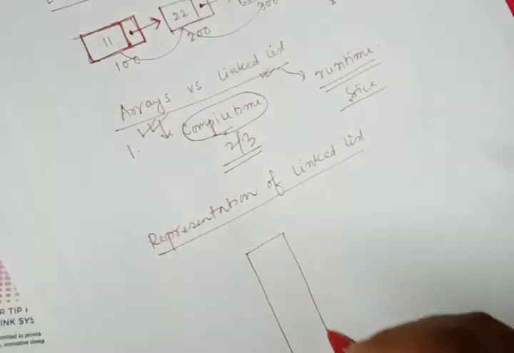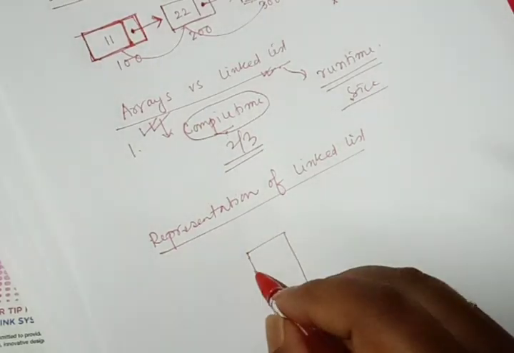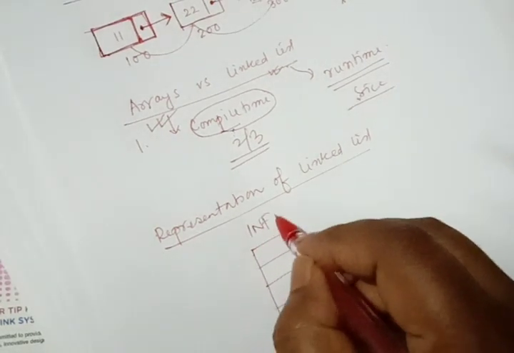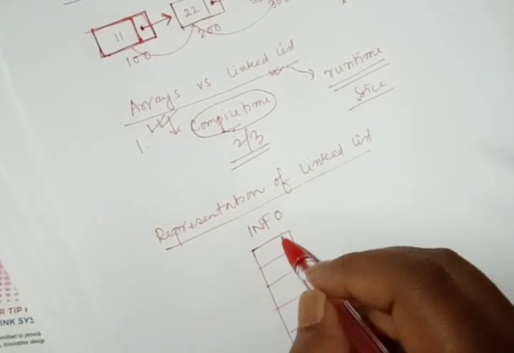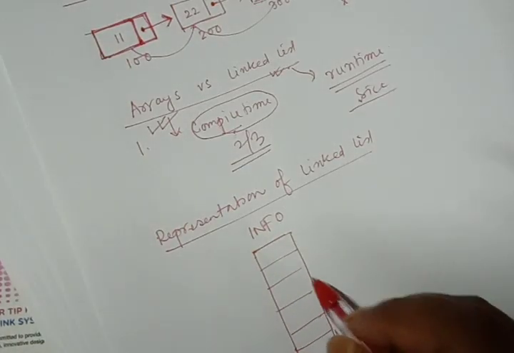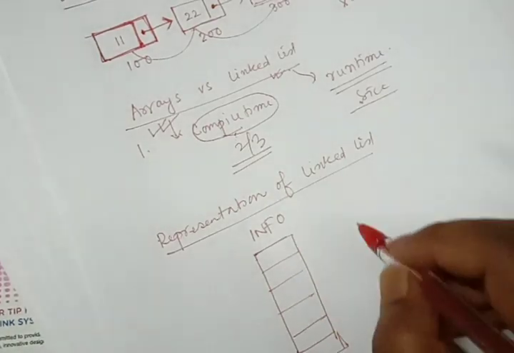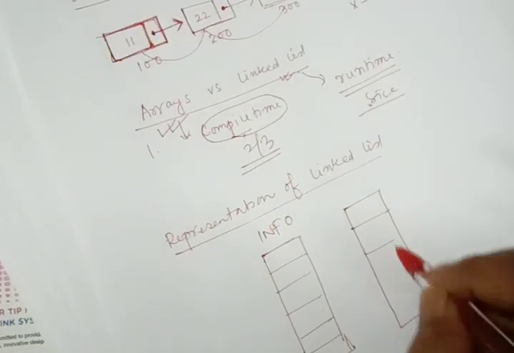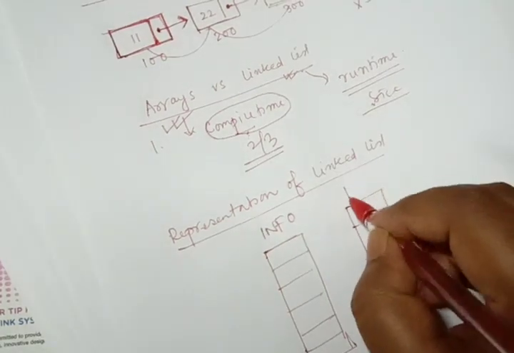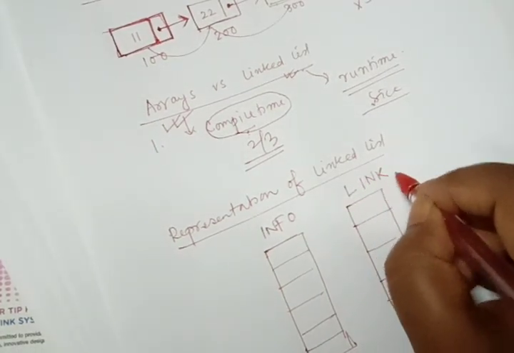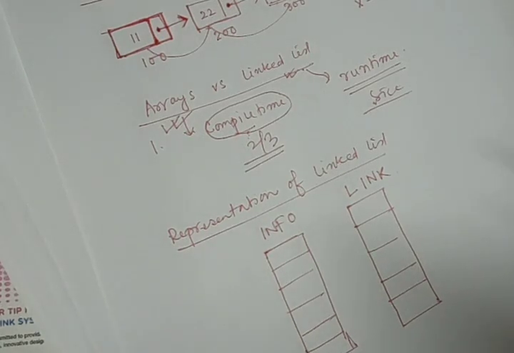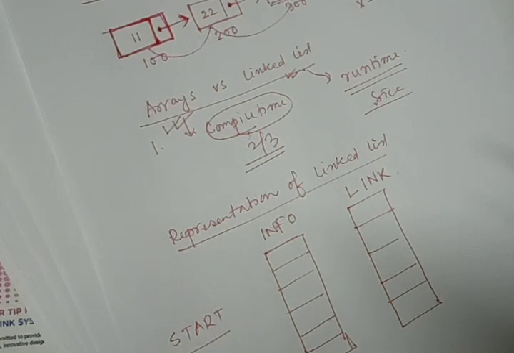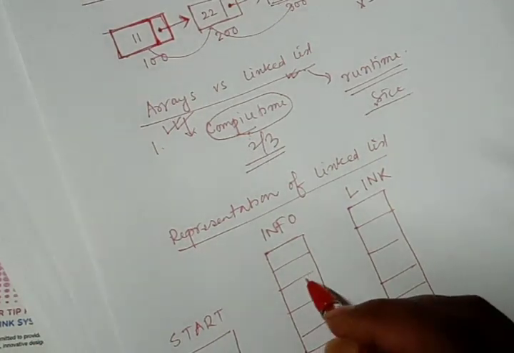The first array, named info, holds the element or the information part of the node, and the second array, suppose named link, holds the address of the next node. Also there is a start variable, which holds the starting address of the node.